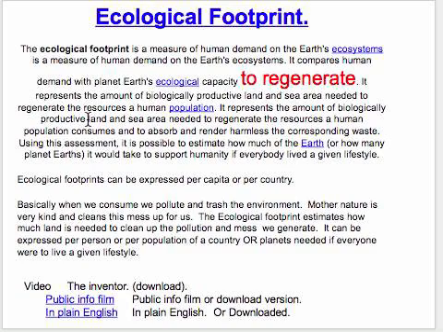This is from Wiki, so we'll have a look at what it says. So it's really a measure of the demand that human beings place on their environment. This is both the ability for nature to create the resources in the first place that we use, and the ability of nature to clean up the mess that we generate.